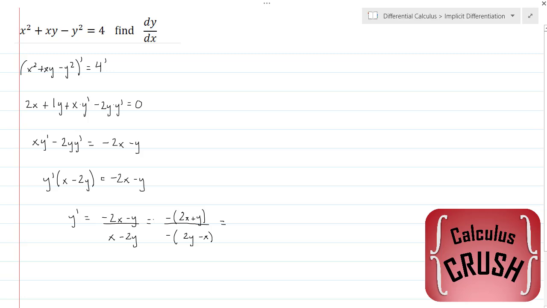And then the negative from the top and bottom cancel out, and we end up with 2x plus y divided by 2y minus x. So there's our final answer, y prime, which is the same thing as dy by dx, is equal to 2x plus y divided by 2y minus x.